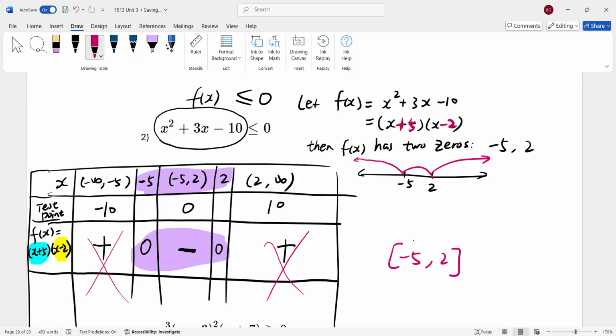So less than or equal to 0. So we can combine this part, -5 to positive 2 open interval, and 2 as a closed interval, -5 2. So that is the solution. That is the solution. And let me know if that is clear. Do you like this method?